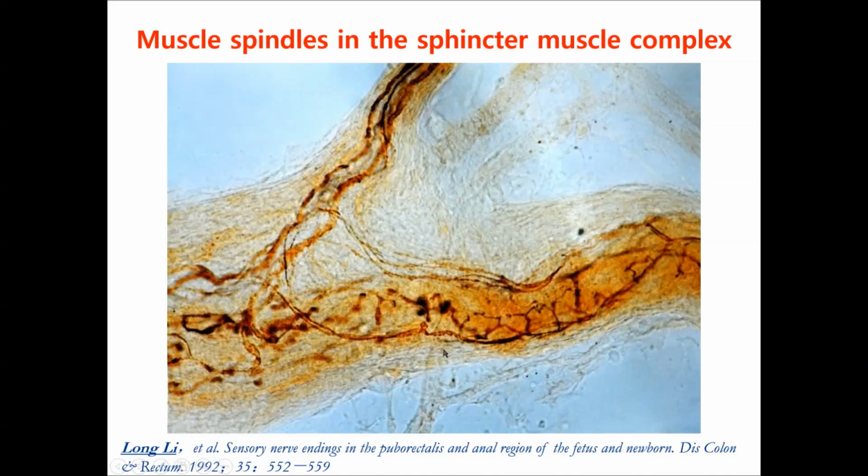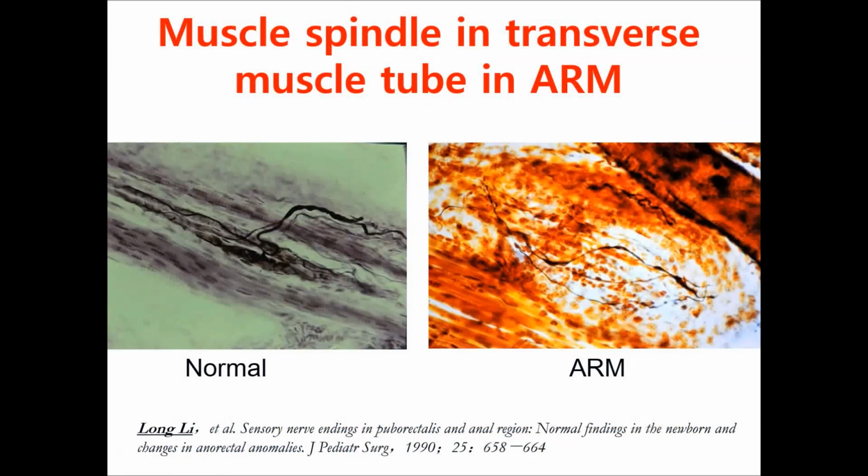On the magnified view, you can see the muscle spindle in the puborectalis or the external anal sphincter. It's very complex in structure. This is the sensor to sense anal sensation when the stool is inside the anal canal or the rectum.